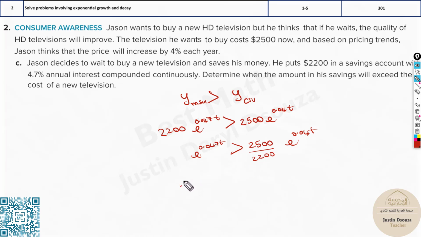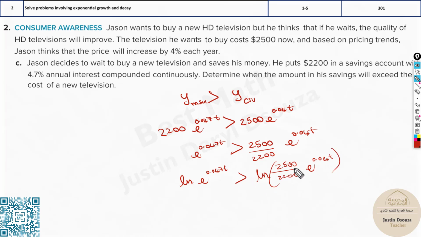We can take ln, the natural logarithm, on both sides. It'll be ln of e to the power 0.047t, greater than ln of 2,500 divided by 2,200 e to the power 0.04t.